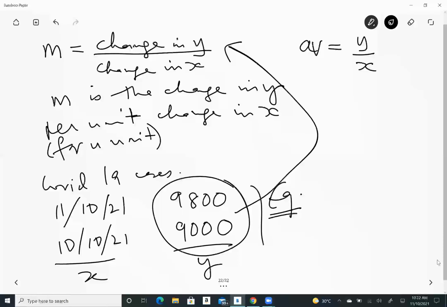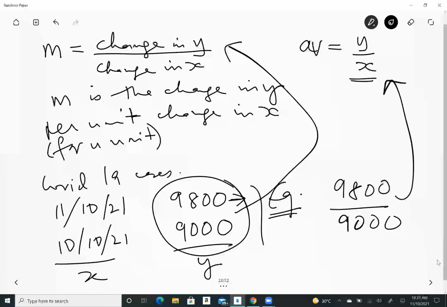We're talking about the change, not the number. The average is 9800 over 1000, so that's the average. The slope is the change.